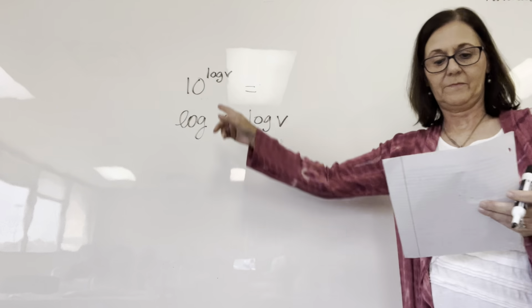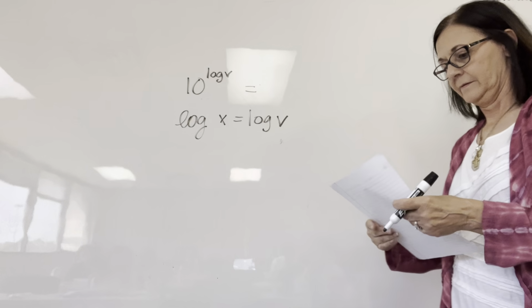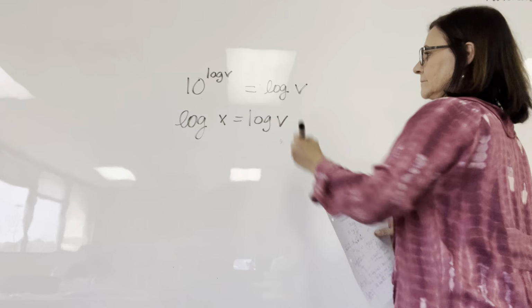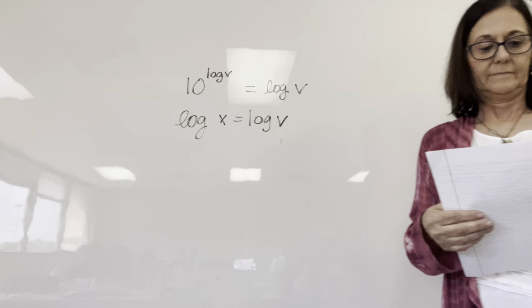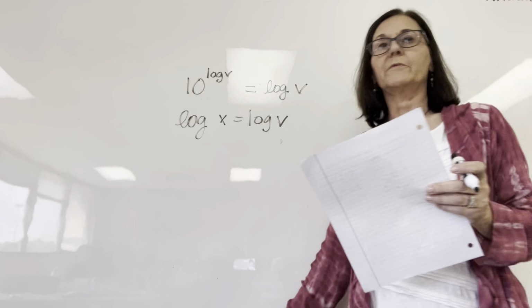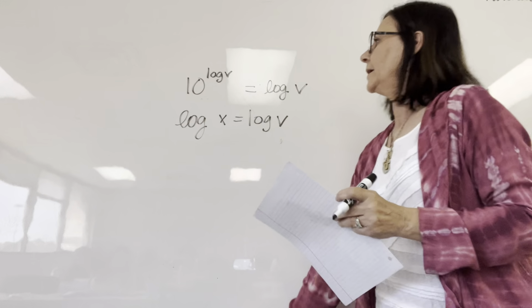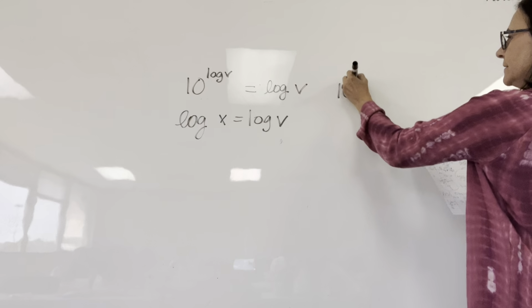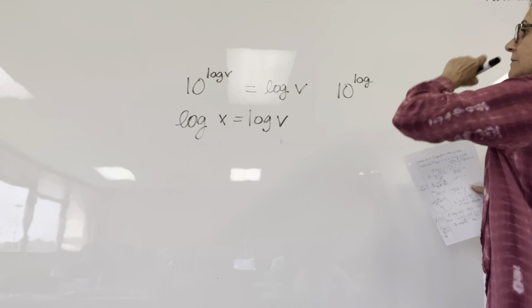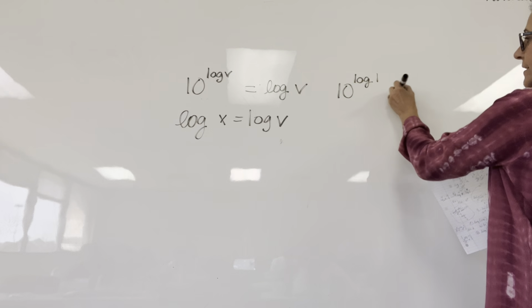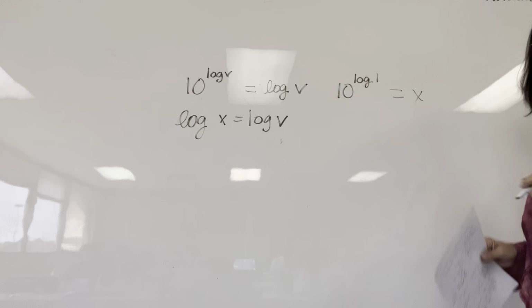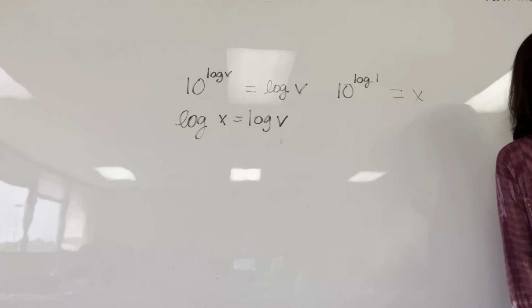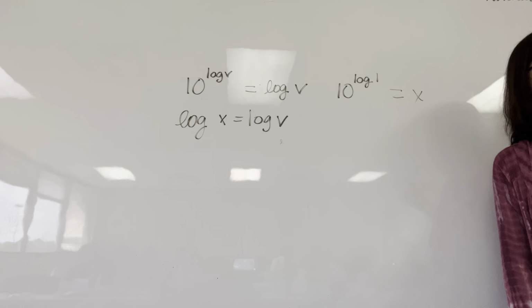So what does this equal? X minus B. Okay, let's put numbers here. Let's say 10 to the log of 1. What does that equal? Can't you do 10 to the log of 1?